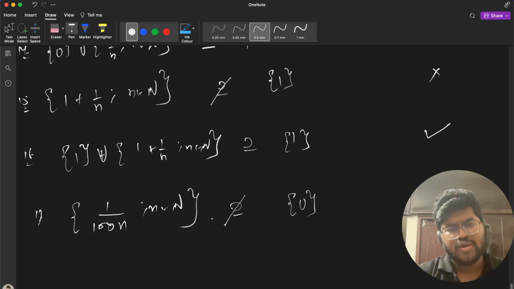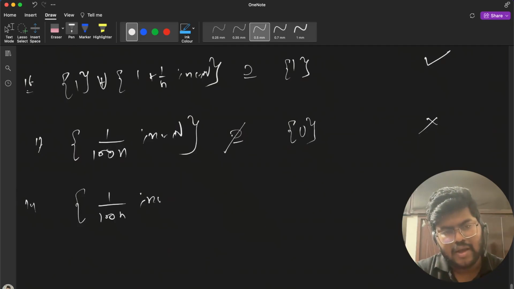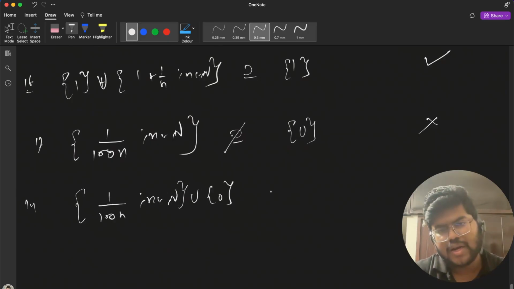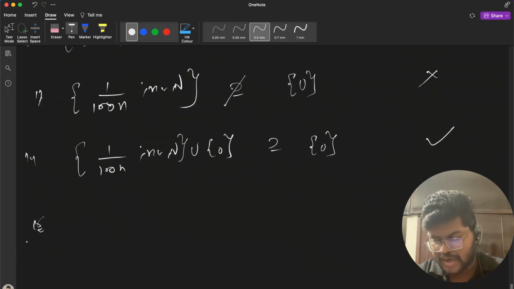So 0 is not a subset of this set, so it is not a closed set, right? But again if I take 1/(100n), n belonging to N, union {0}, then again the limit point set is a subset, so it is a closed set, right?